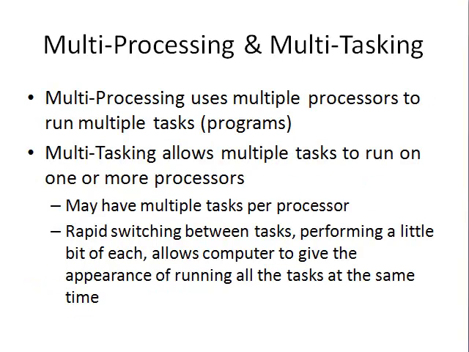Having mentioned this process management, it's also worth mentioning multiprocessing and multitasking at this point. Multiprocessing is a situation where a computer has more than one processor or core to run multiple tasks or programs. Modern processors are increasingly using multiple cores.